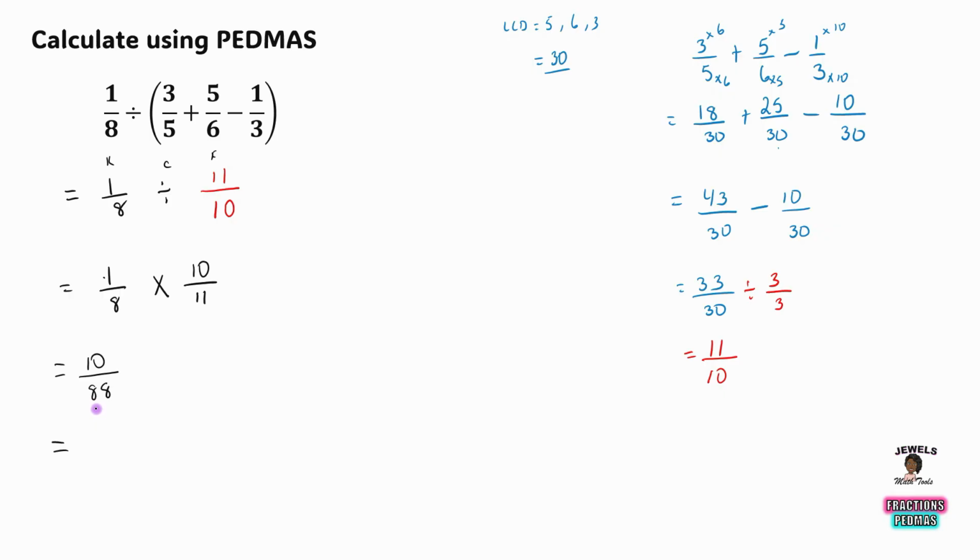Because both are even numbers, I know that both can be divided by 2. So 10 divided by 2 will equal 5, and 88 divided by 2 will equal 44. Since 5 and 44 do not have any common factor, this is our answer in its simplest form, which is 5/44.